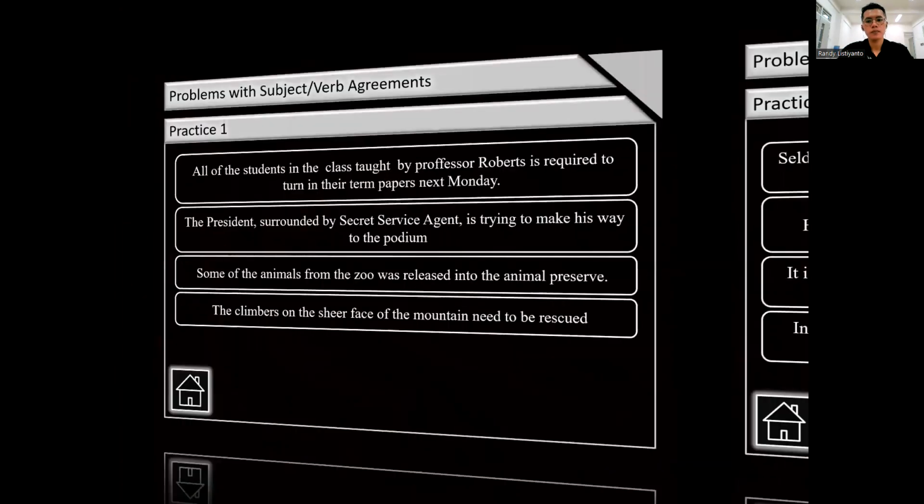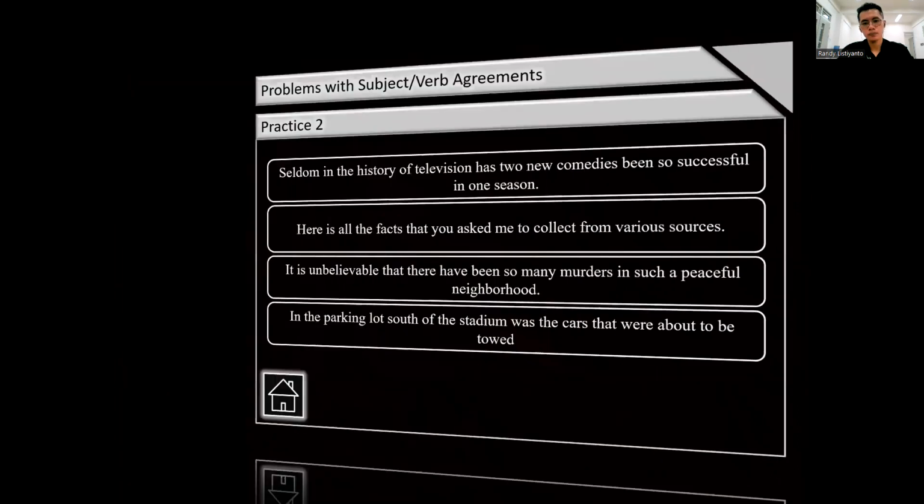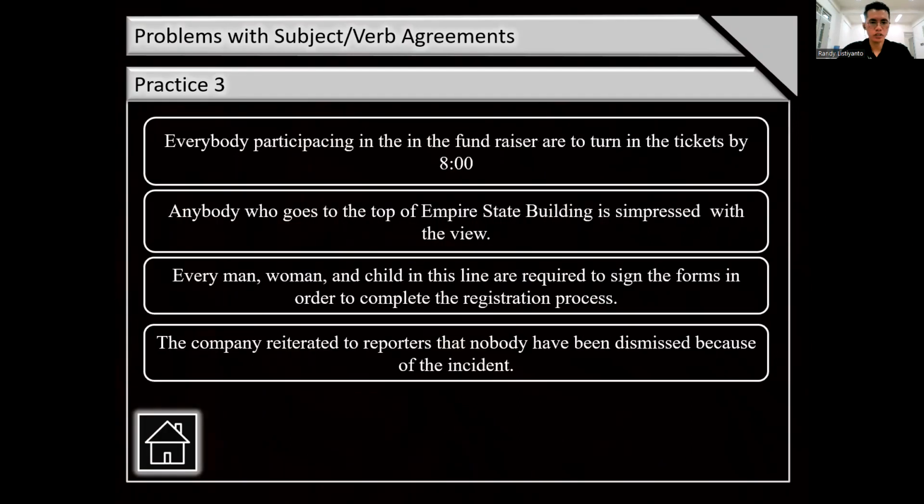Then practice 2 is the same. Write down these 4 sentences in your book, identify the subject and the verb, and decide whether each sentence is correct or incorrect.